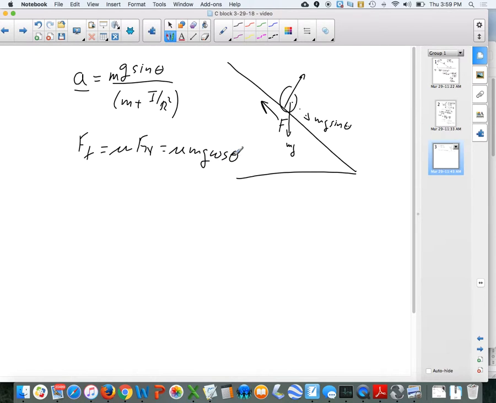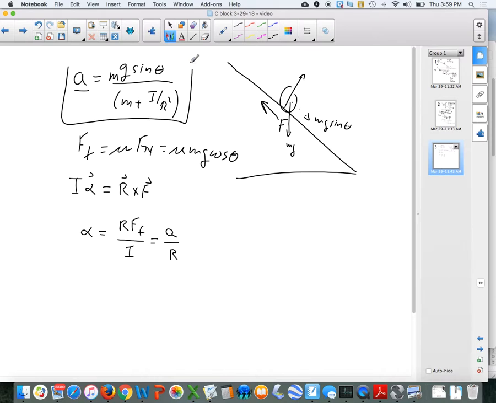And the other piece going back, remember we said that I alpha is equal to R cross F, which gave us that alpha is equal to R force of friction divided by I. Angular acceleration is A over R. And so I can take this acceleration here, plug it in, and we can come up with a value for the force of friction.